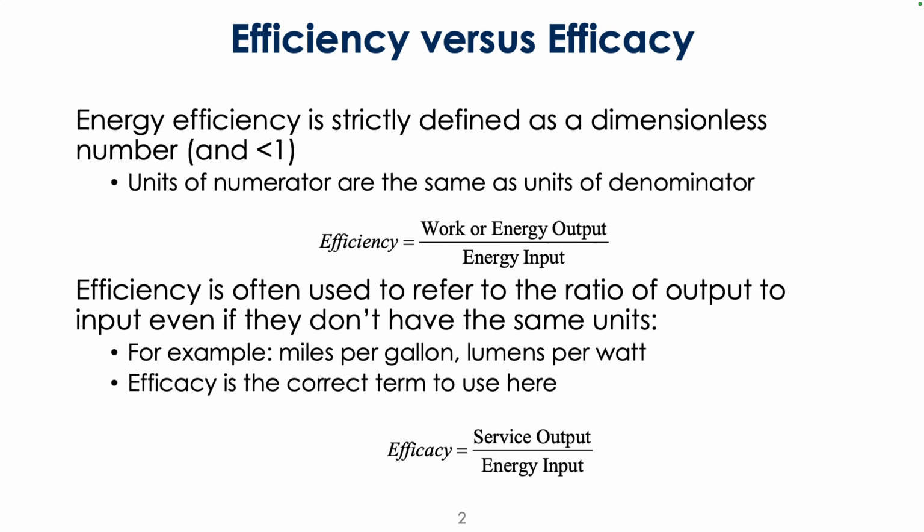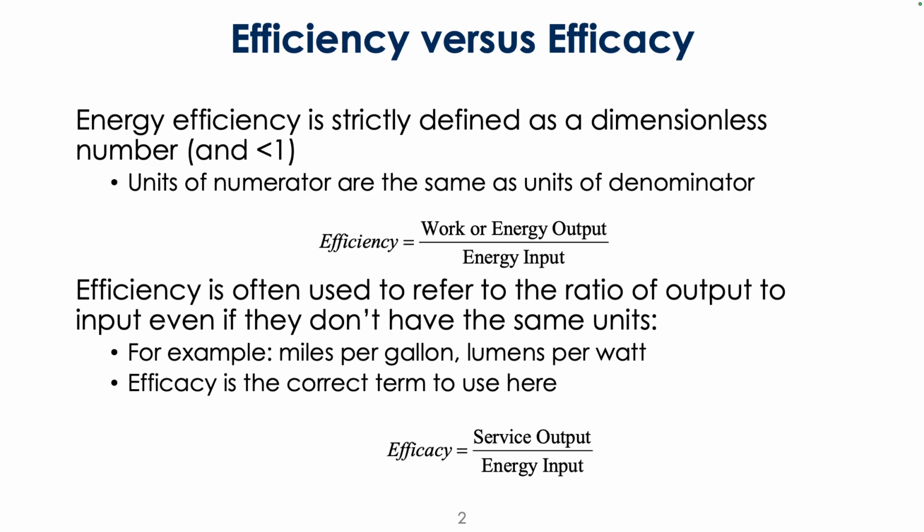Maybe just for fun, miles is a unit of length, and gallons is a unit of volume. So if you had a miles per gallon number, let's say 25 miles per gallon, does anyone know what you would get if you divided out the length, in miles, and the volume, in gallons?